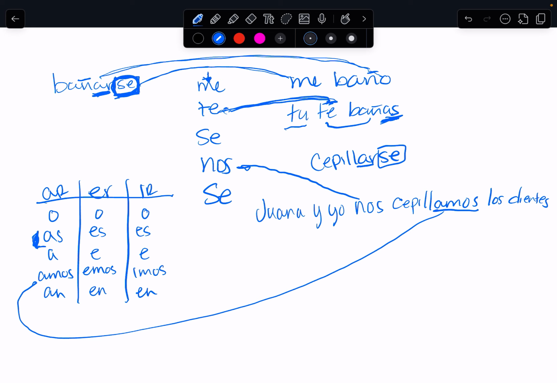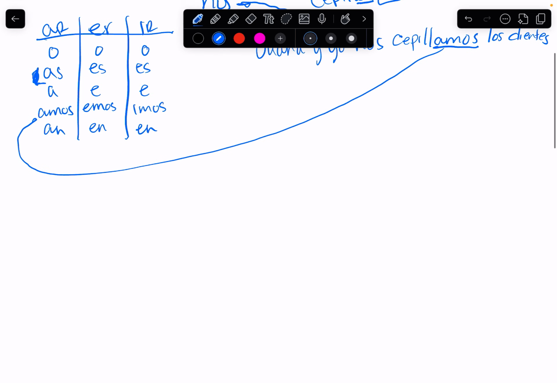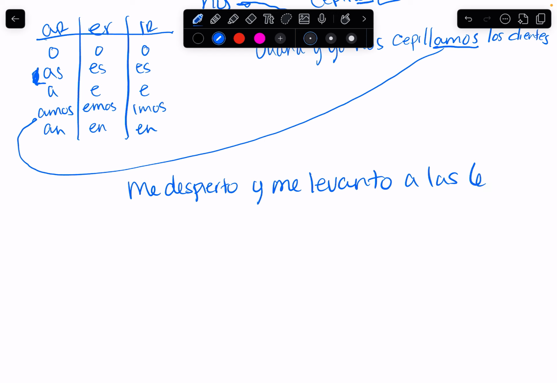So another way to look at it is if you have two clauses. So I can say me despierto y me levanto a las 6 a.m. So this is I wake up, and I get up at 6 a.m. So why is it that both of these are conjugated?